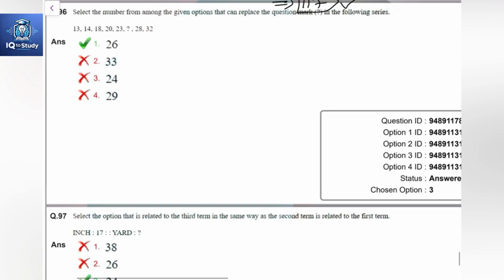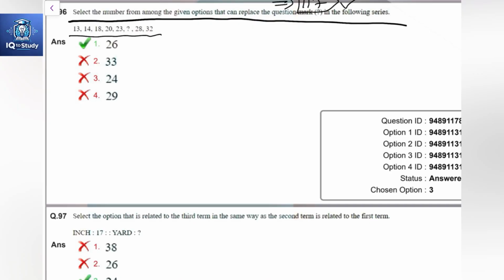Select the number from among the given options that can replace the question mark in the following series. The series is given as 13, 14, 18, 20, 23, x, 28, 32. Let's take alternate series.